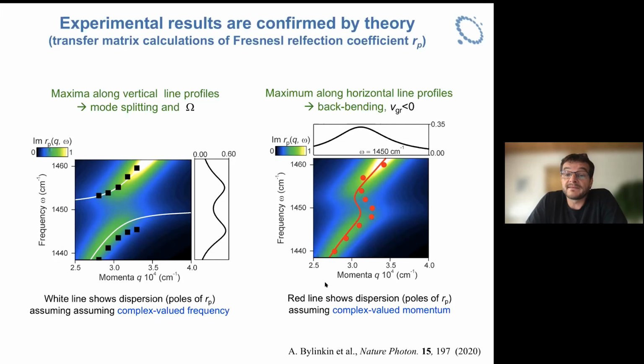We can analyze this data in a different fashion, namely assuming that we now have complex valued momentum. And in this case, we get dispersion that exhibits backbending, exactly the same fashion as we obtain in the experiment. So I want to point out here that we analyze one and the same data set, but we assume different phenomena.